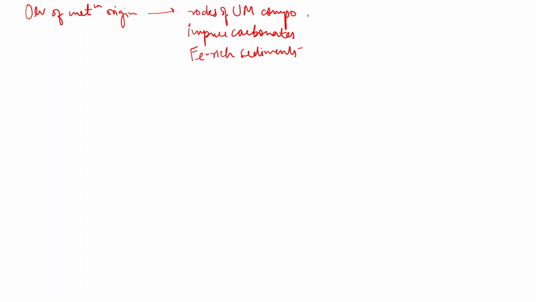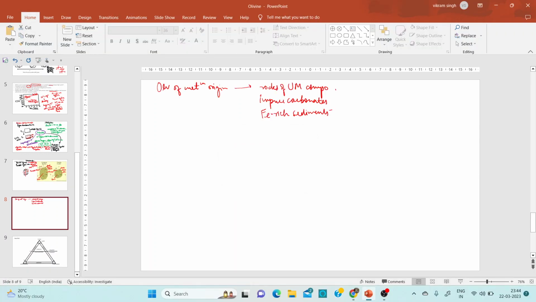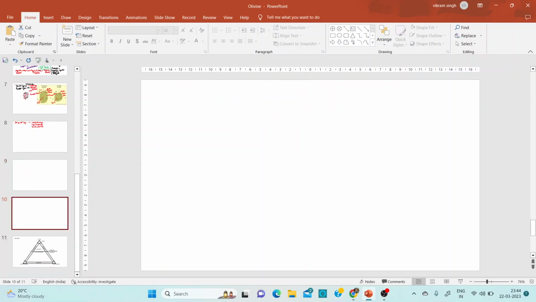Now, as we had been talking about the alteration of olivine to serpentines, the progressive metamorphism of serpentinites causes the most extensive development of olivine. So let me add a few more slides over here so that I don't have to skip it again and again. All right.